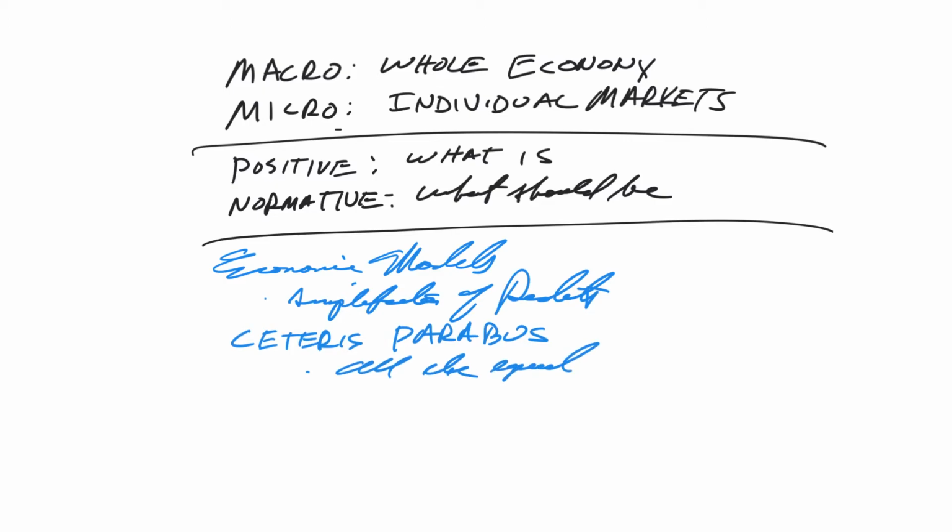Or all else remains the same. Ceteris paribus means we're going to change one variable and all the others don't change. Now, if you've had multivariable calculus, it's a partial derivative. That's when you let one variable change and all the others don't change. That way you can isolate how that one particular variable affects something else.